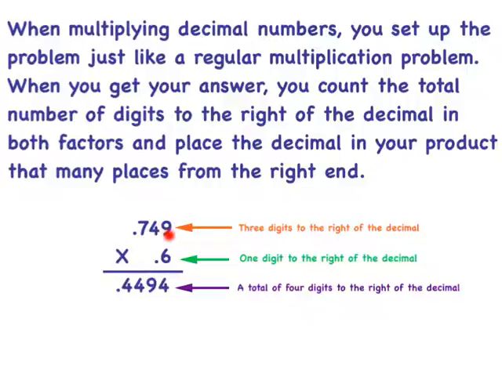There are 3 digits to the right of the decimal point. And then I'm going to go to my next factor, and I'm going to see that there's 1 digit there to the right of the decimal point. So I had 3 here and 1 there, so that makes 4. So I need a total of 4 digits to the right of the decimal point here. So here's 1, 2, 3, 4, and then I put my decimal point. And that's it.